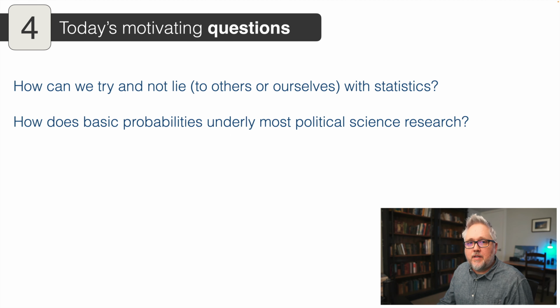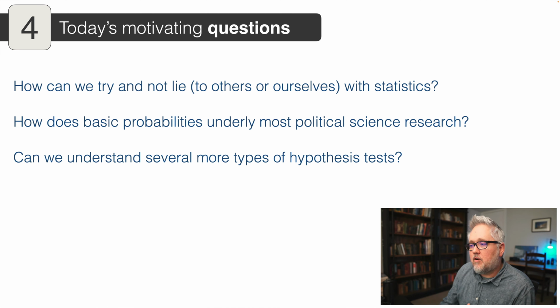But basic probabilities help us determine whether that sample mean, whether that estimate of the beta, is due to chance or to an underlying relationship that you can be 95% or 99% certain is not due to chance.